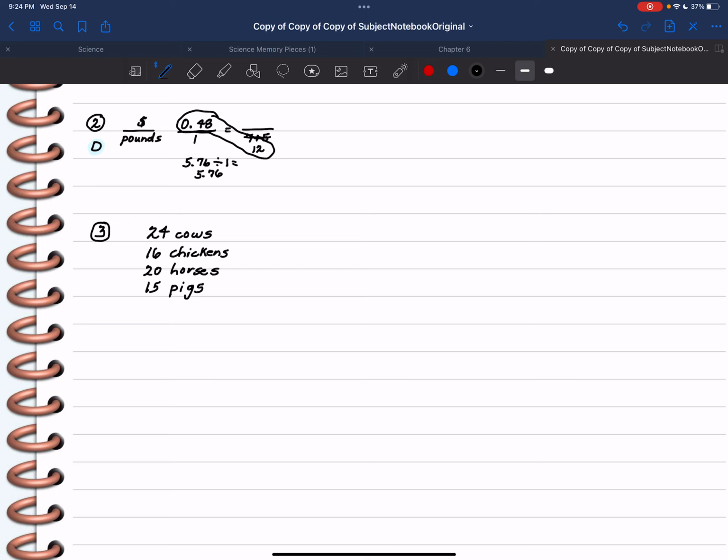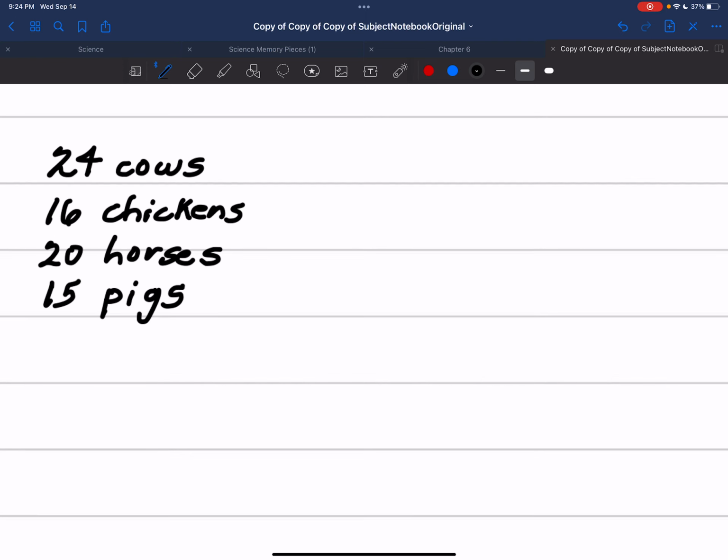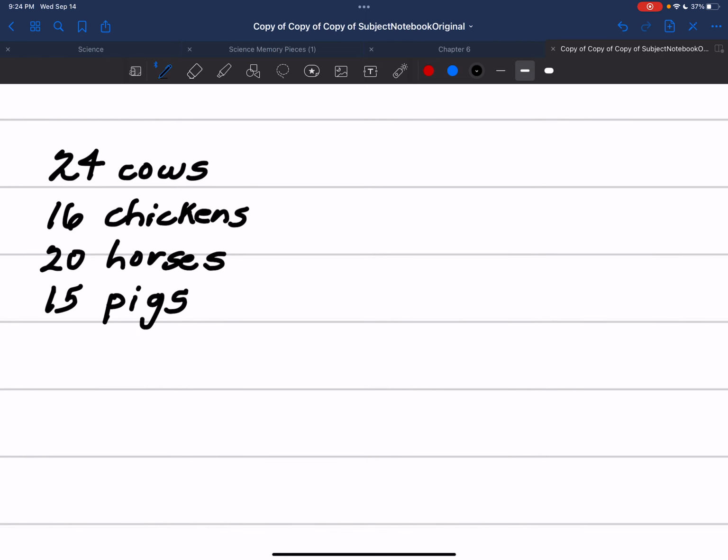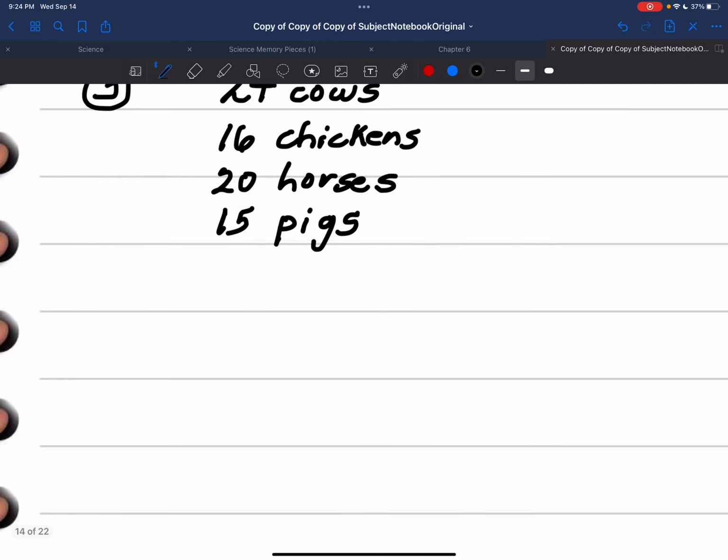So we have way more than 2 items here to compare. Which ratio is the greatest? All right, option A has us comparing cows to chickens.